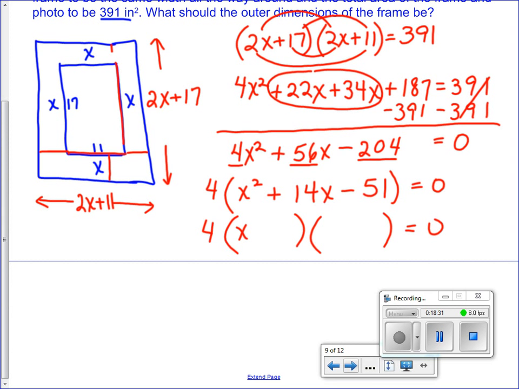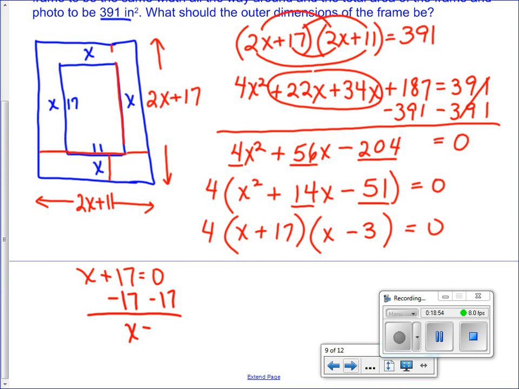Factors of negative 51 that add up to 14 would be a positive 17 and a negative 3. Setting each of these factors to 0, x plus 17 equal to 0, and subtracting 17 from each side, we get x equals negative 17.